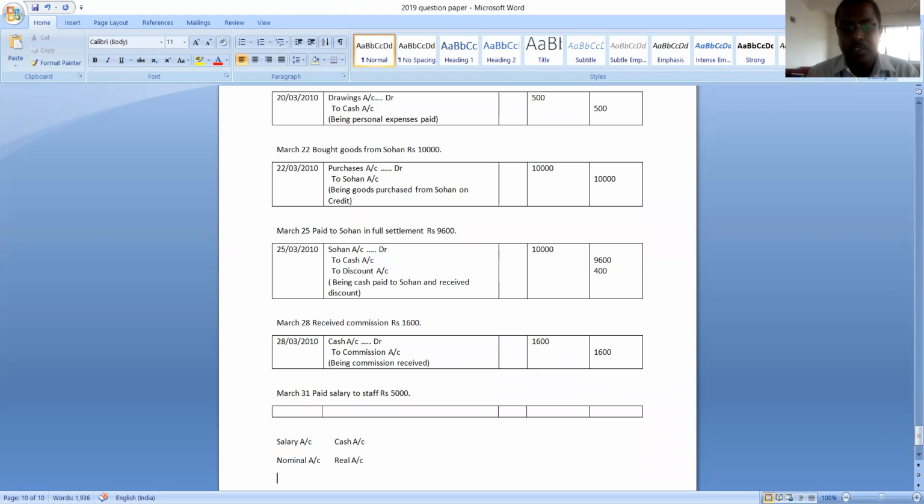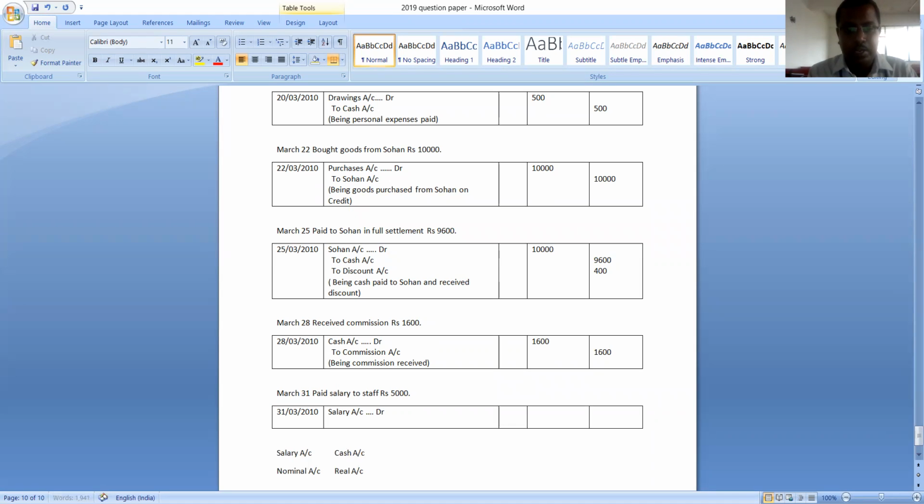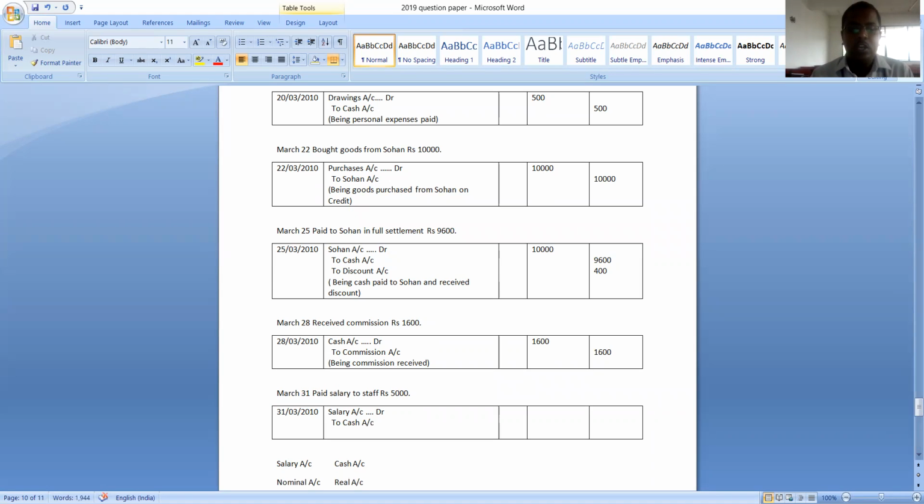Paid salary. Salary is a nominal account. What is the rule of nominal account? Debit all expenses and losses, credit all incomes and gains. So salary is expenditure, so salary account should be debited, to cash account. When you pay salary, what goes out of the business? Cash goes out of the business.